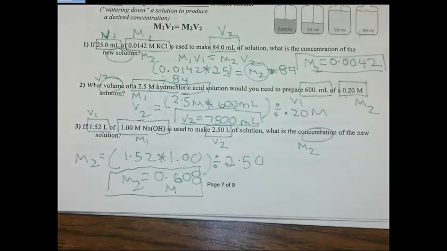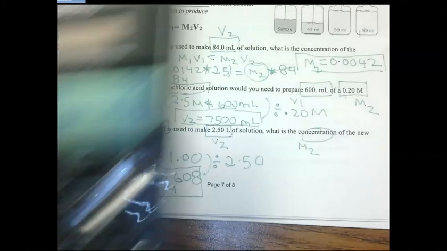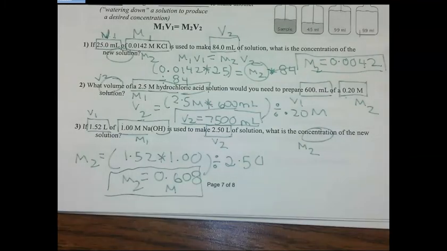You can always plug it back in and do that. So I know 1.52 times 1 is equal to 1.52. So if I multiply 2.5 times 0.608, I also want to see that that side equals 1.52. And it does, right? So you can always check your work in chemistry, and I encourage you to do so.